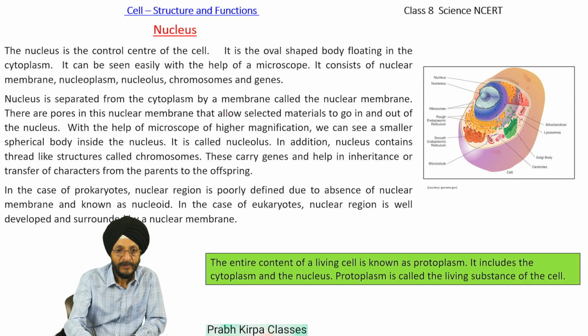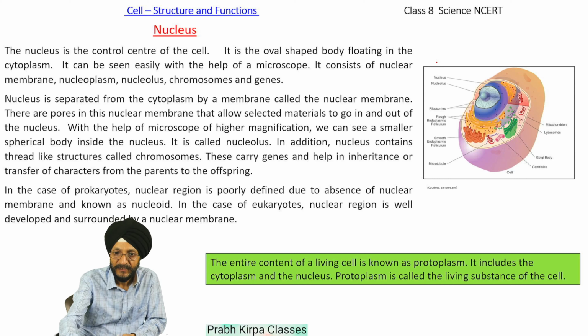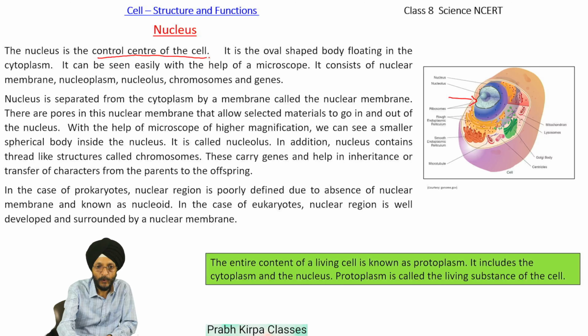Now we discuss an important part of the cell, which is known as the nucleus. The nucleus is the control center of the cell. It is an oval shaped body. You can see here that it is the oval shaped body which is floating in the cytoplasm.